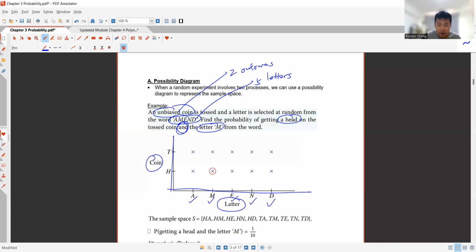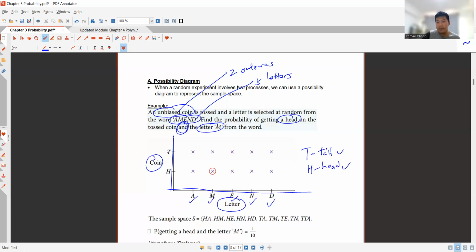So you see, you got 2 parts. The first one is from the coin, and the second one is from the letters. Okay, and usually, the T and H, you need to write at the side of your diagram saying that your T actually represents what? Let's say your T represents tail. Then you have to write like this so that people know the meaning of the letters that you use.